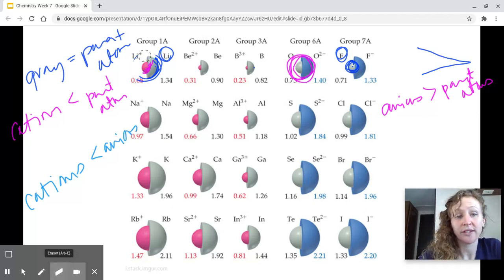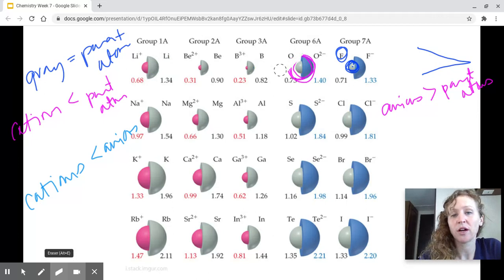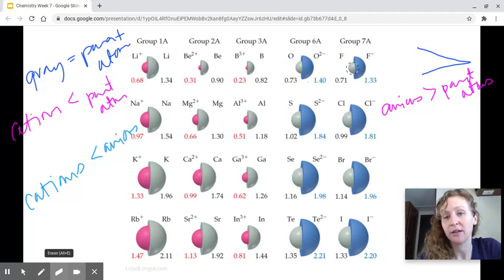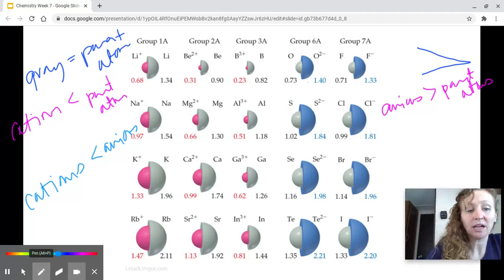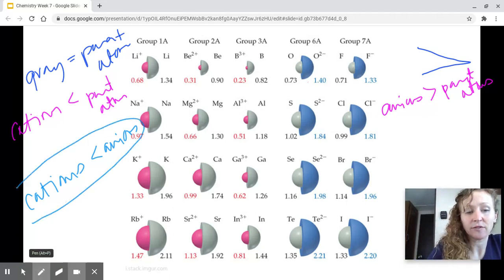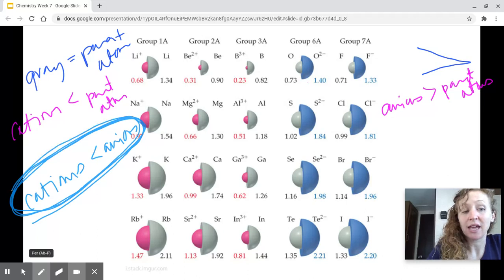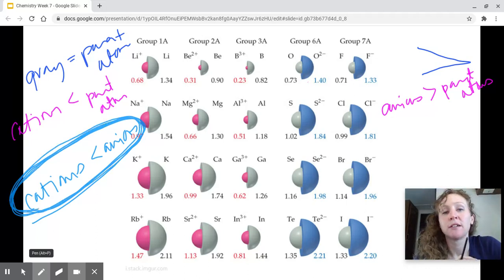And that one's new for us, right? Before, metal parent atoms would definitely be bigger than nonmetal parent atoms. But because cations and anions form in different ways, cations lose an energy level, anions fill their energy level, the cations in a period are going to be smaller than the anions in the same period.